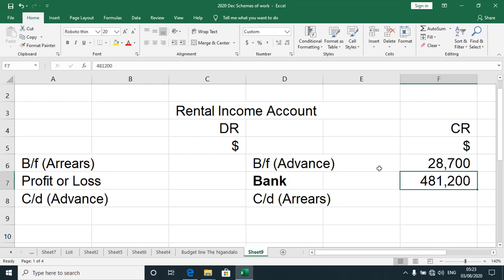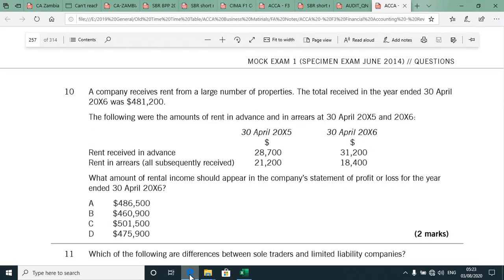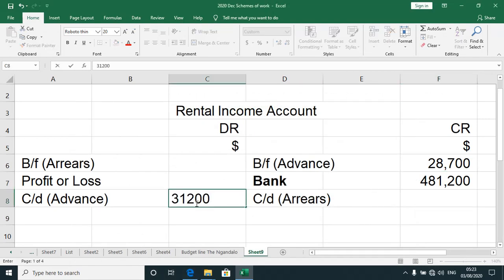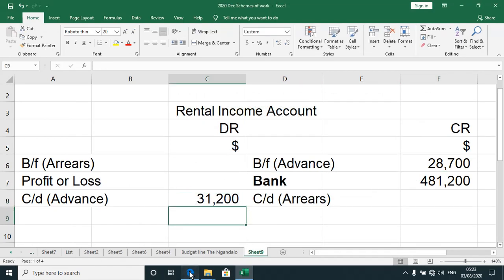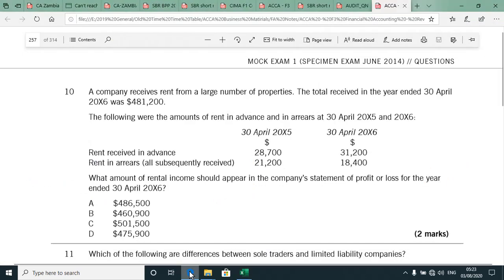I hope that you can see what I've done. The advance for X6 is 31.2. Let me push that one where it belongs. And then we have got the arrears.